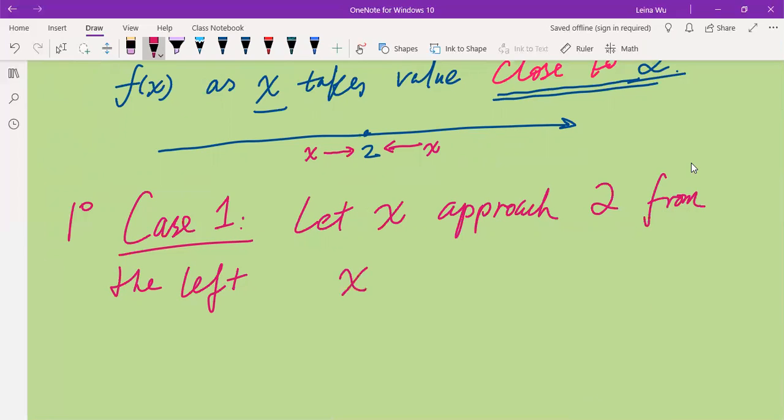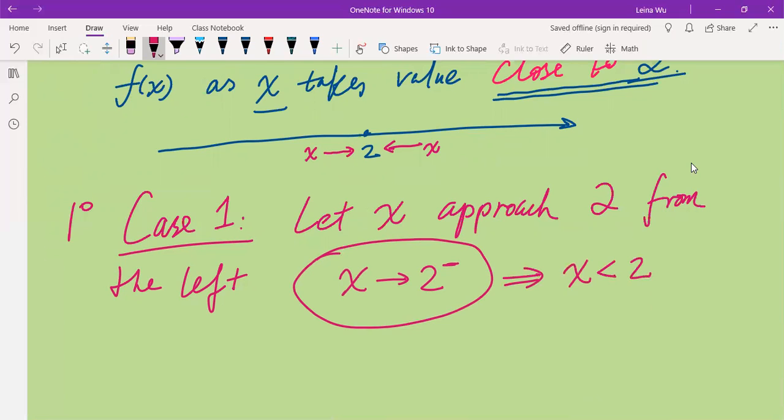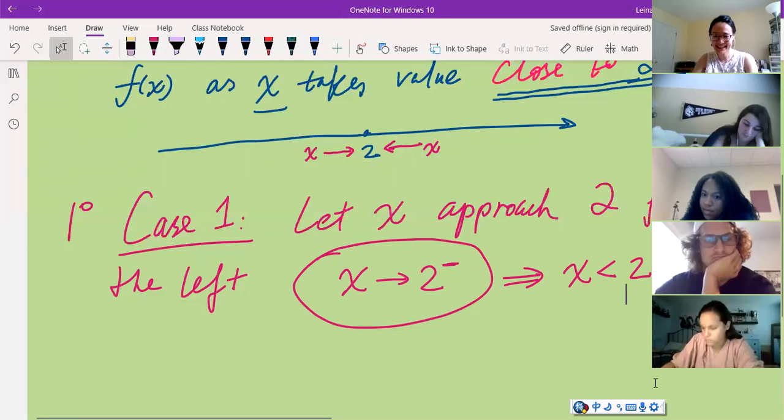So we say x is approaching 2 from the left. This is a notation: x approaching 2 from left. Basically, this indicates my x is smaller than 2, right? Is that good so far?